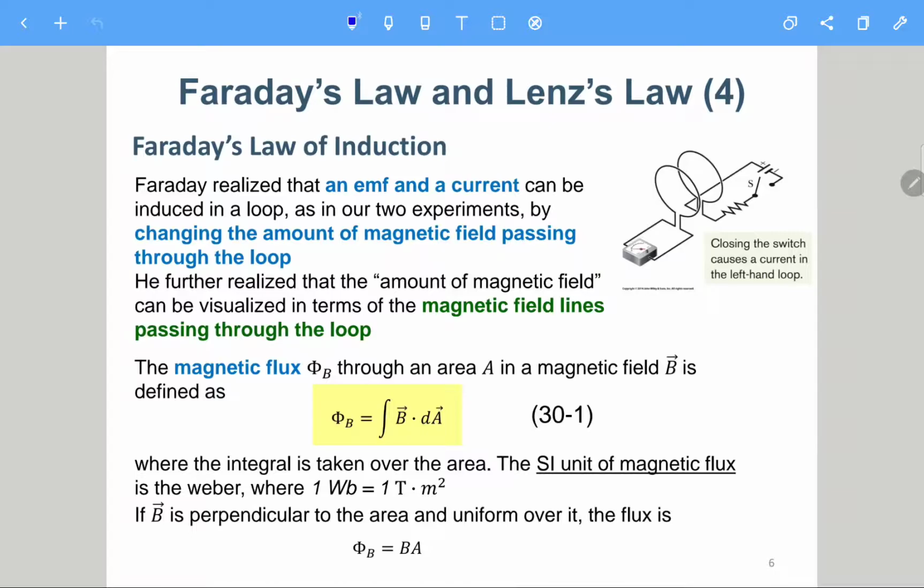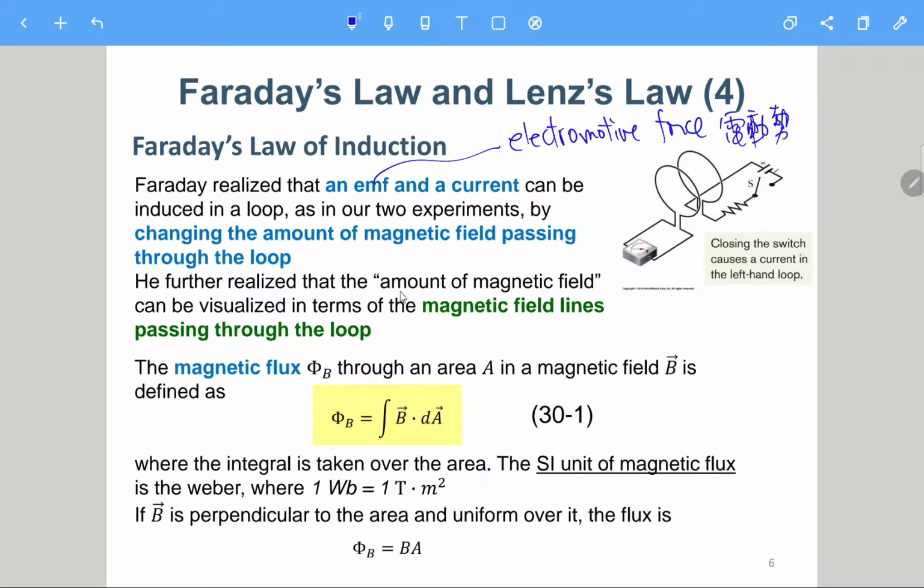Faraday realized that an EMF, which is the short form of electromotive force, in Chinese it is called 电动势, electromotive force EMF, and the current can be induced in a loop, as in our two experiments, by changing the amount of magnetic field passing through the loop.